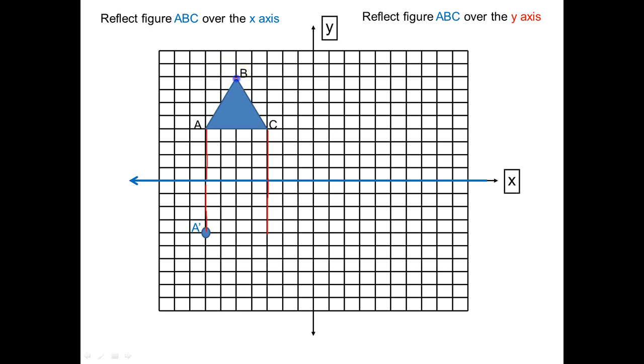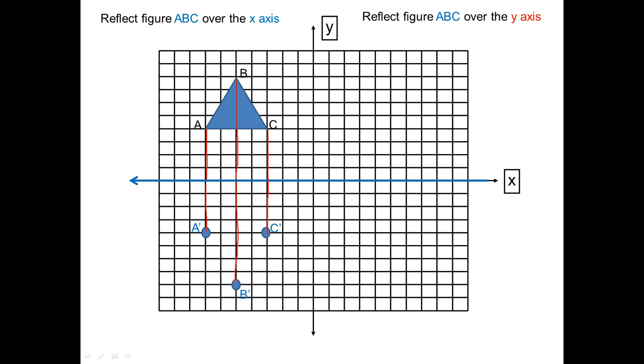And our point B, we're going to have to count all the way from point B to the line of reflection, and that's going to be 8. And then we're going to have to count 8 more from the line of reflection, and that will give us our C and our B.